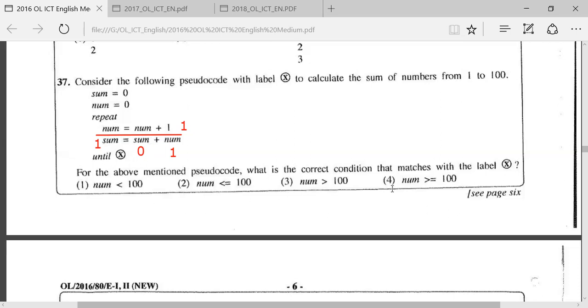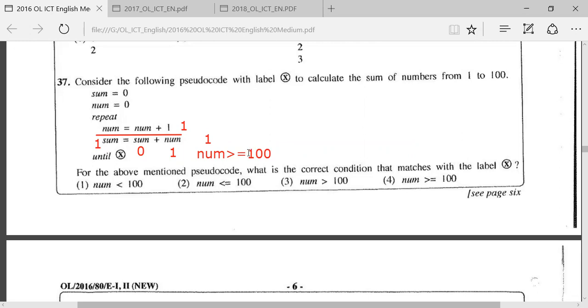Right? So num greater than or equal 100. When you place num greater than or equal 100, here what will happen? Initially it is 1. 1 greater than or equal 100, false, go back. 2, 3, 4, 5.